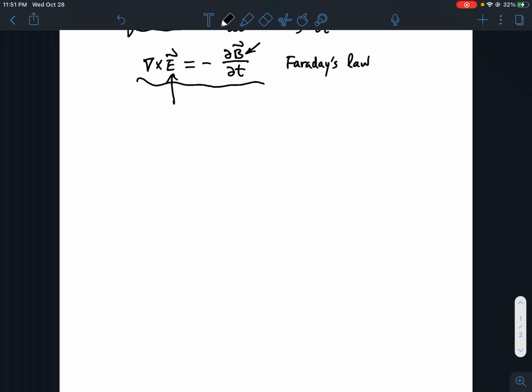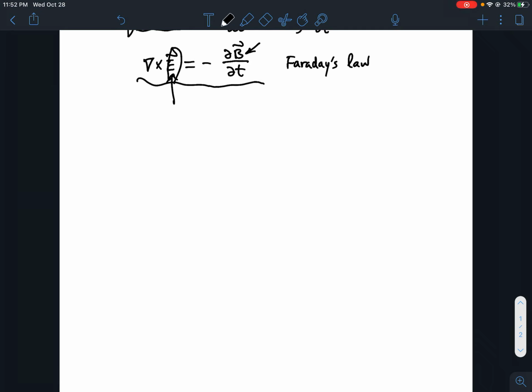And then we also said that for this case, del cross E is not zero. It means this induced electric field is not a conservative field, because otherwise, if it's a conservative field, del cross E should equal zero. So that is how we figure out how B is related to E.